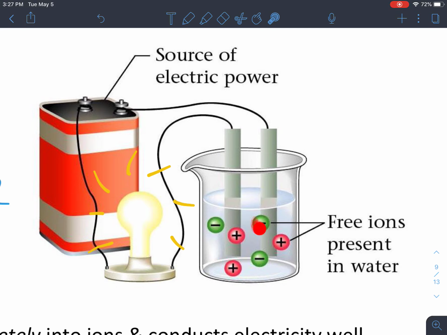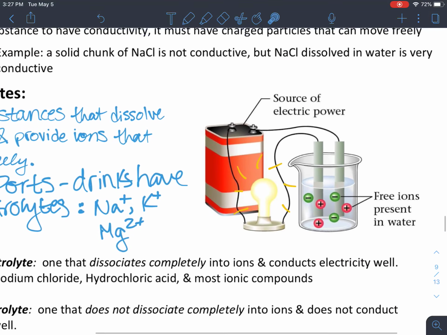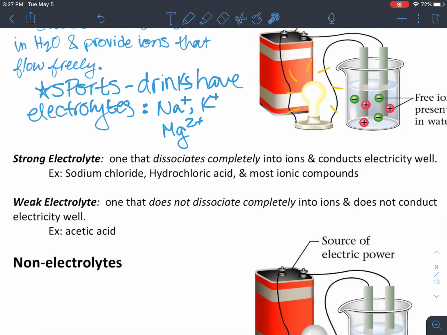Because we have these free-flowing negative anion charges present, they're able to flow and conduct electricity. So anything that, when dissolved, forms ions, so basically any ionic compound, is going to form an electrolyte if it dissolves. Here we see the term strong electrolyte versus weak electrolyte.